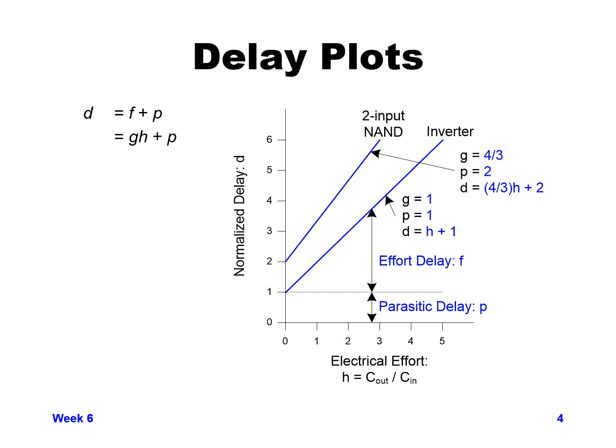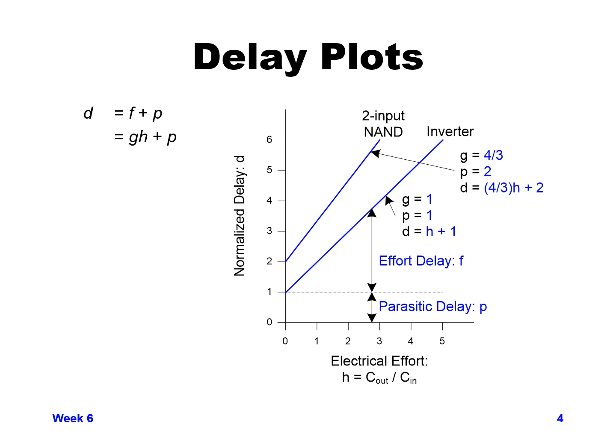Electrical effort is H. So the delay, since G is 1 and P is 1, is just going to be H plus 1. So whatever our fanout is, the value of H, our delay is just going to be H plus 1 for an inverter.